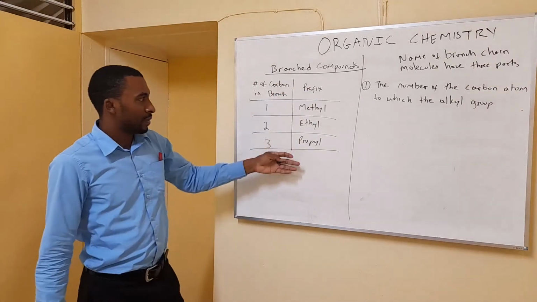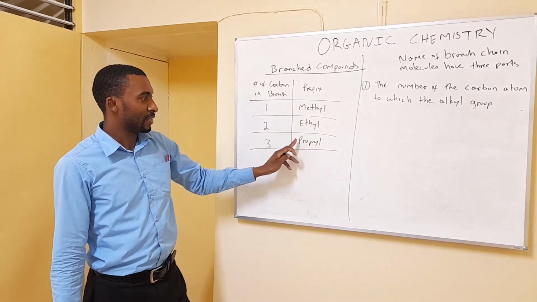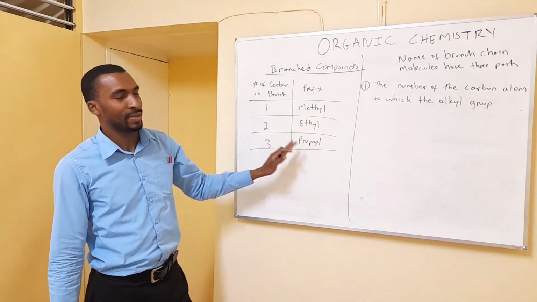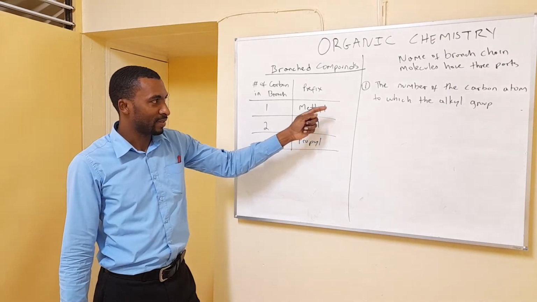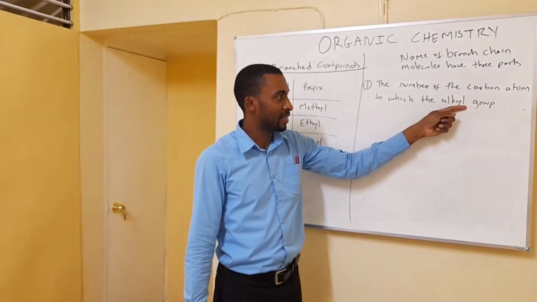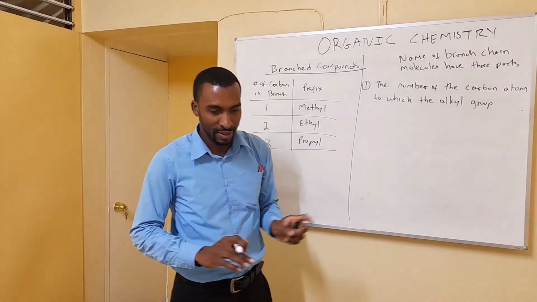So when the group is branched, 1 carbon atom or 2 or 3 carbon atoms, the general term for them is alkyl. That is what the YL is. So ALKYL. So you can see the YL here. It's a branch, meaning it's a branch and not a straight chain. Alright?